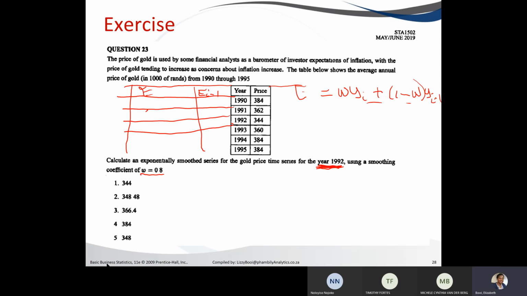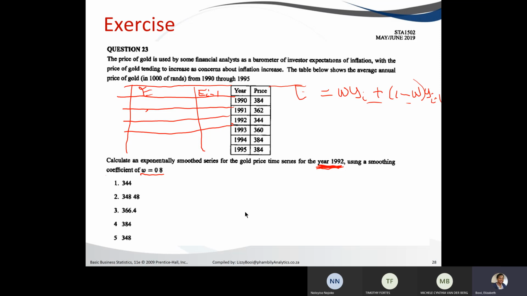Let's see, you have the answer. You say it's number 2. Noliso says it's number 2. So let's see if it's number 2.